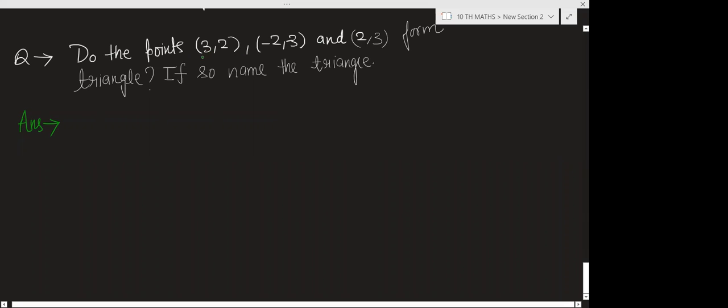3 points are given. This point, this point, this point. So you can take these points as A (3, 2), B (-2, -3), C (2, 3). Let us consider these points.